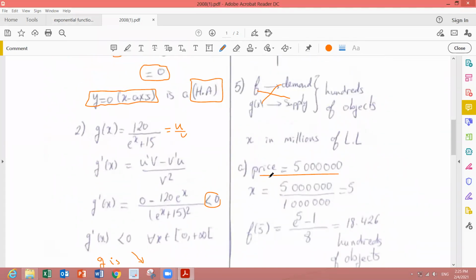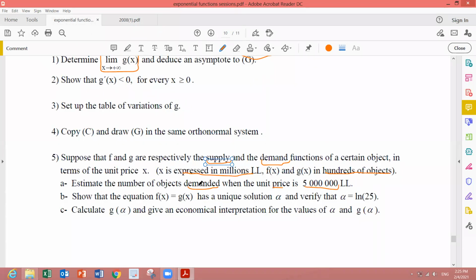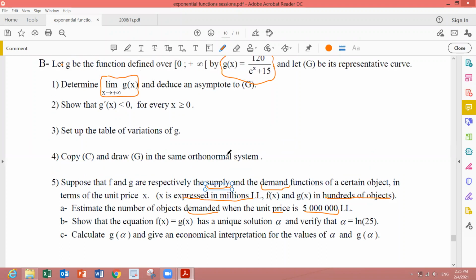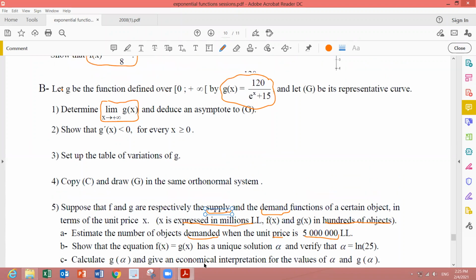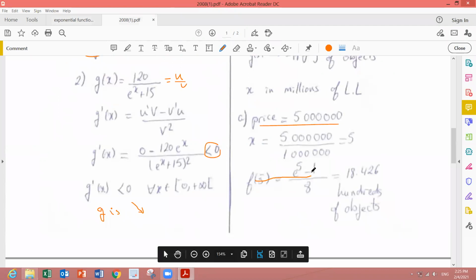So we are going to calculate the demand. Demand means we have to calculate in G. We have to calculate G of 5. So this is not correct, this is not F of 5. We are going to calculate G of 5.